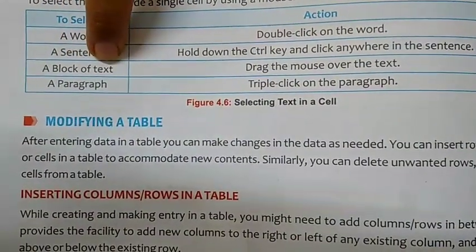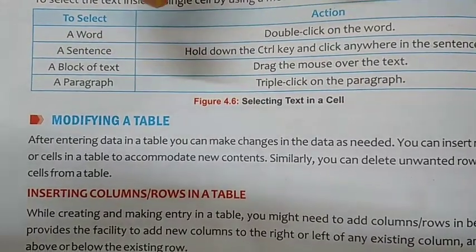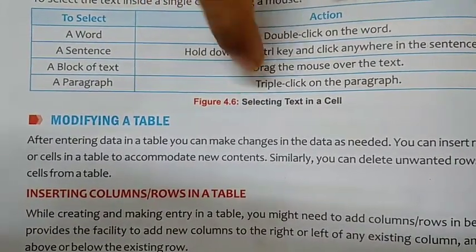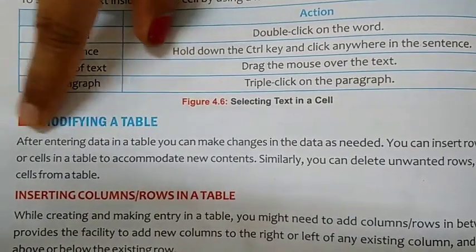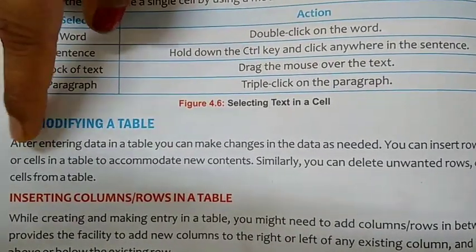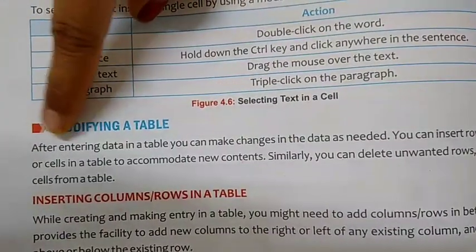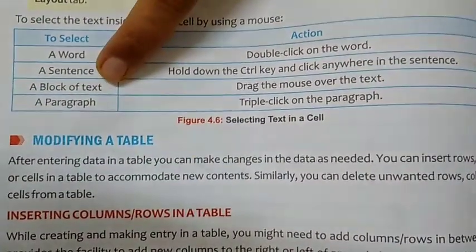If you have to select a block of text, means only some part of the text, click and drag over the place which you want to select. Like I want to select these 4-5 words, so click here and drag like this, so you can select only a part of the text also.